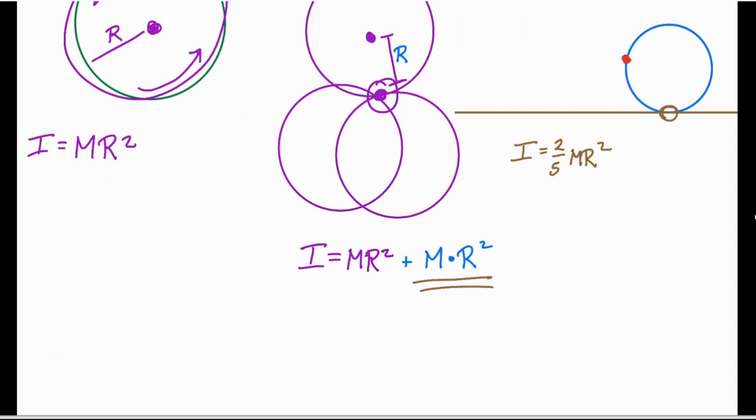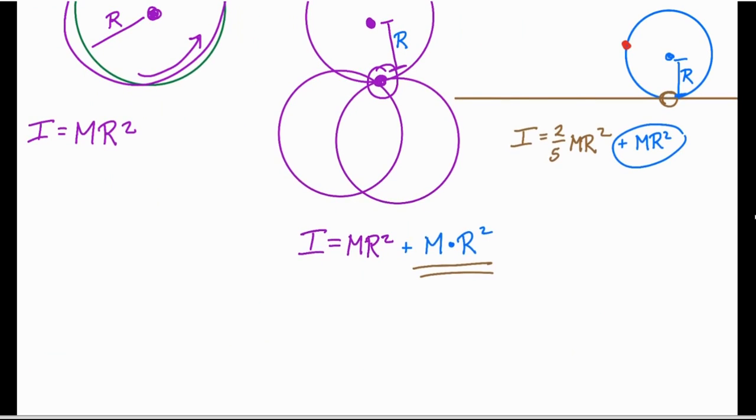And then if that bowling ball is rolling, now we have to add to it mr squared, because between the middle of the bowling ball and where it's rolling also has a radius of r, and so that's where I get this plus mr squared in blue. It's just because it's not rotating around the center of the bowling ball. So then this whole thing is going to be my new moment of inertia, and I'll just call that moment of inertia rolling.